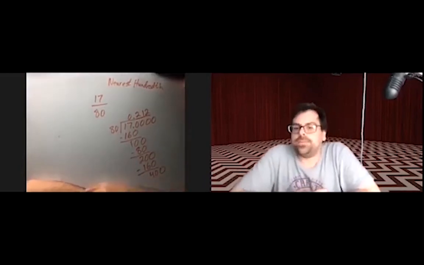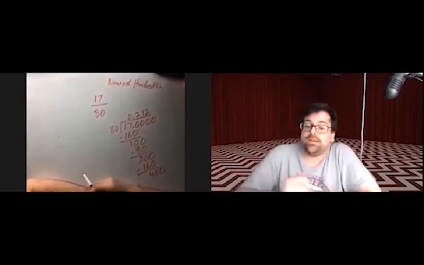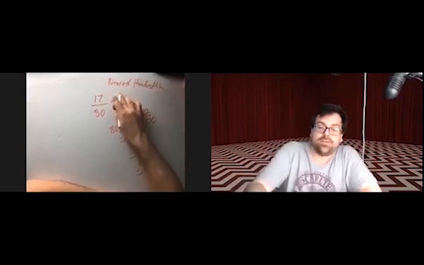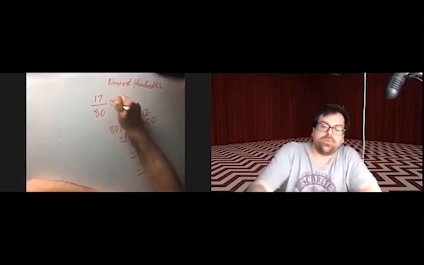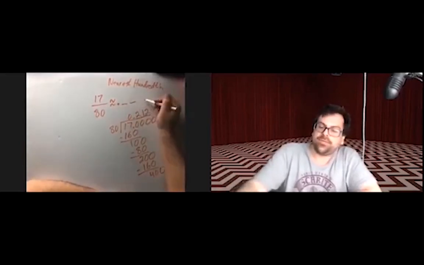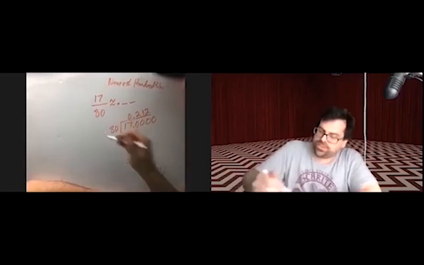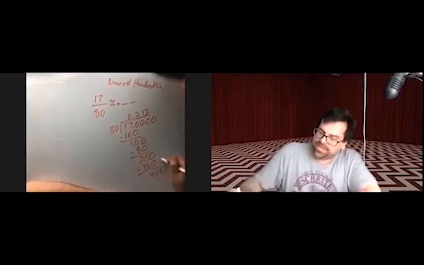Do we need to continue? Absolutely not. Nearest hundredth, so it's about equal to 0.2, tenths, hundredths. The thing to the right of this second digit tells us whether or not we round up.